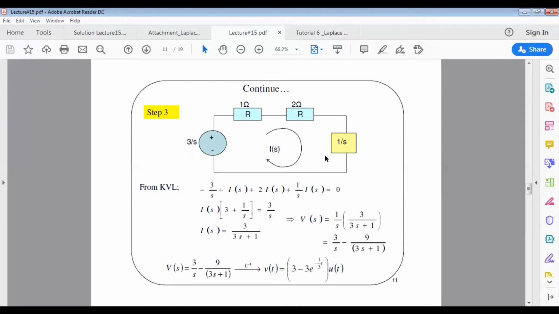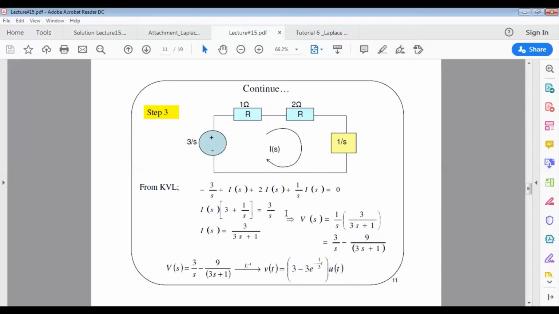Using KVL, the Kirchhoff voltage law, we can write the equation: negative 3 over S plus I(S) plus 2I(S), which are the voltage drops across the 1 ohm resistor and the 2 ohm resistor, plus the voltage drop across the 1 over S impedance, equals 0. Solving for I(S), which is the current flowing in the circuit, we have 3 over (3S plus 1).